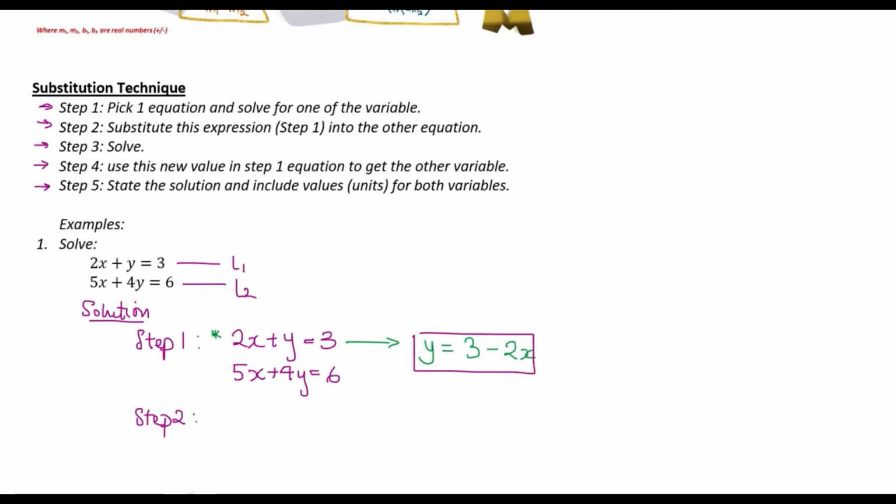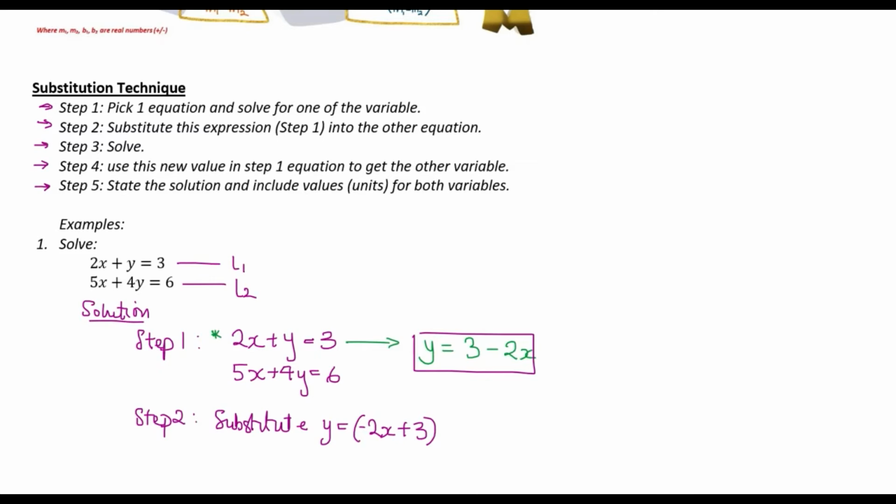So I'm going to write it here: substitute this equation, which is the green, also written as negative 2x plus 3 in brackets. The reason why I'm putting a bracket is to prevent any mis-sign calculation. If you have a negative sign somewhere, that bracket tells me that the negative sign is applied to everything in that particular expression for y.